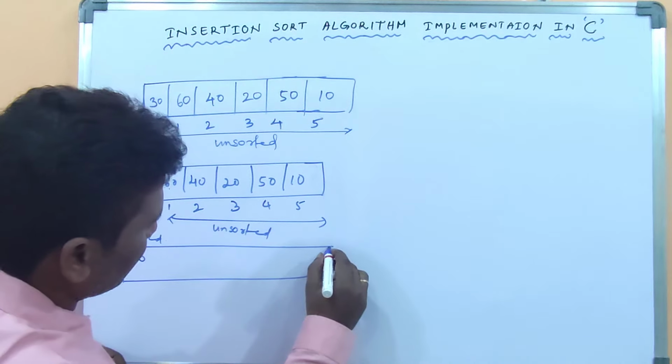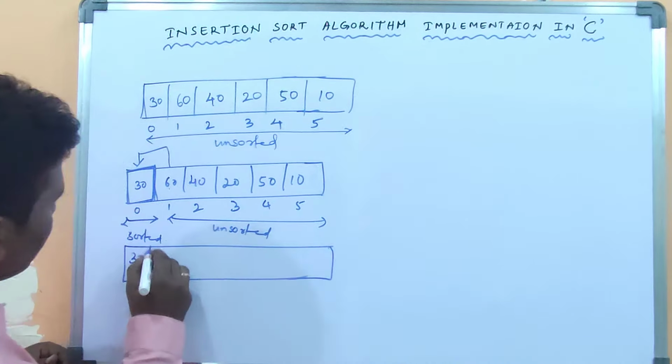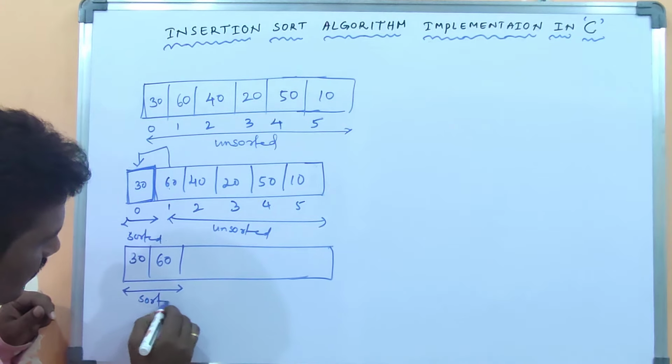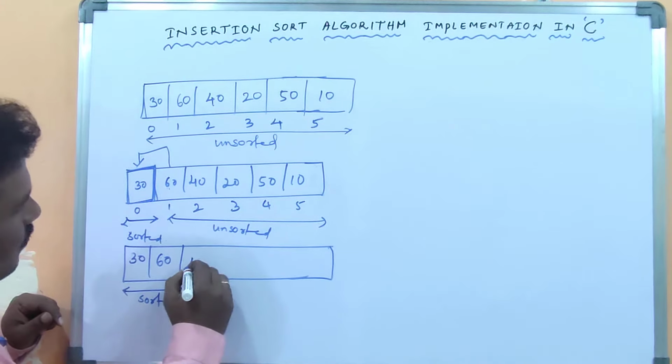Please listen carefully. The 30, then 60, is called sorted. Then 40 as usual, then 20, then 50, then 10. This is the border of the unsorted part.